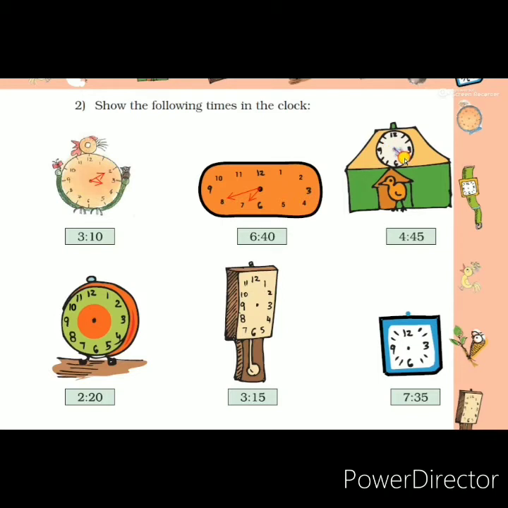Here those digits are not shown, only marks. 3, 9, 12 and 6 are shown as numbers, but 4, 5, 1, 2 are shown only as big divisions. After 3, the next division is 4. So the hour hand should be moved from 4 because the time is 4:45.